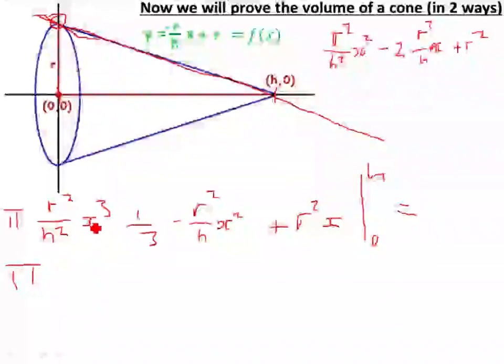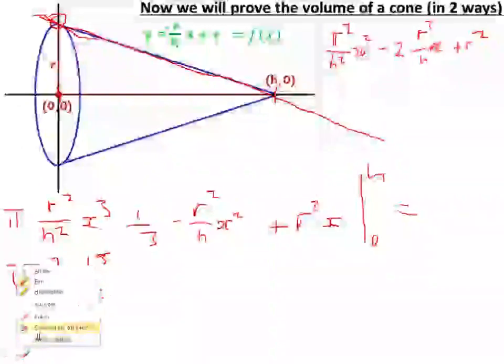Now seeing as that can be taken up there, we've got h cubed divided by h squared. And I don't think I covered this in the video, but all you have to do is subtract the powers, 3 and 2, which becomes 1, and that just leaves us with h.